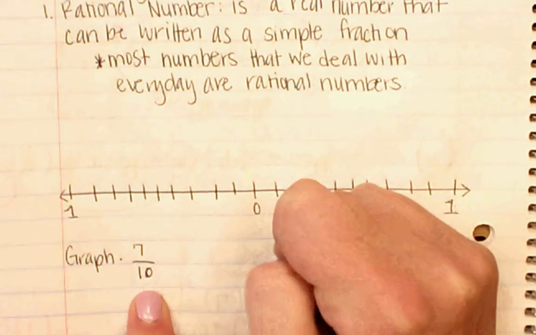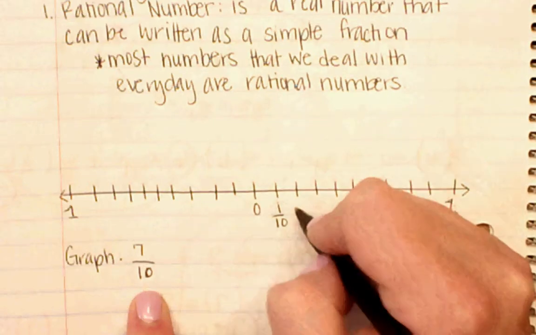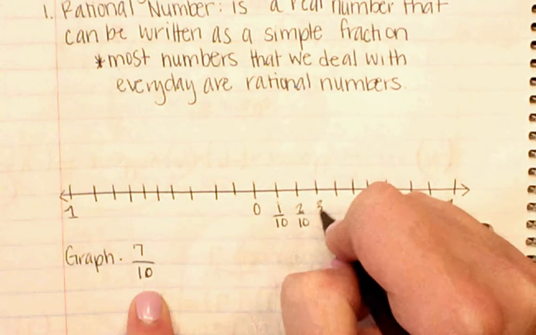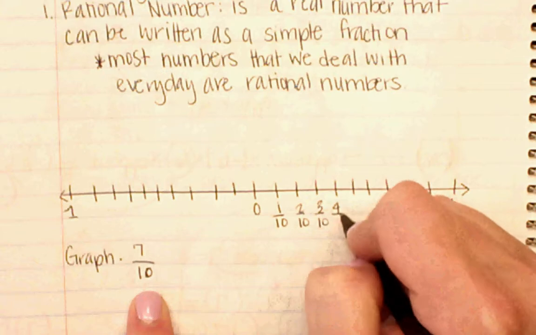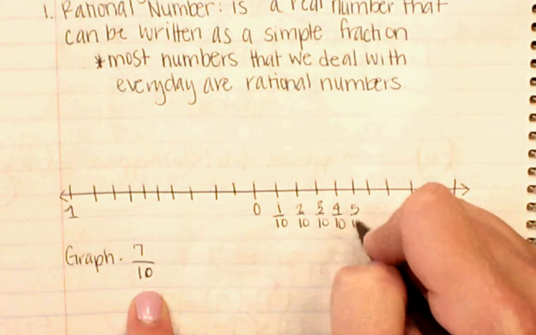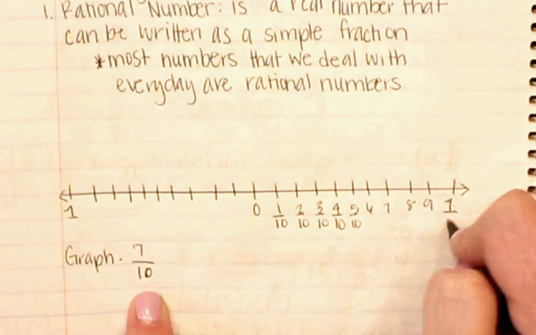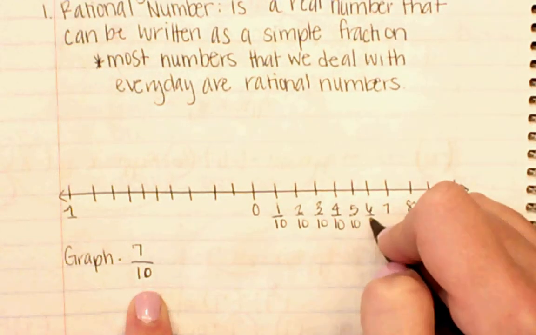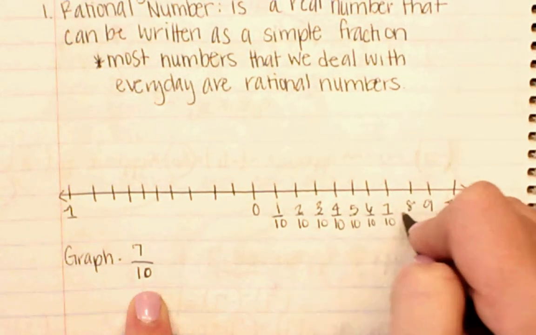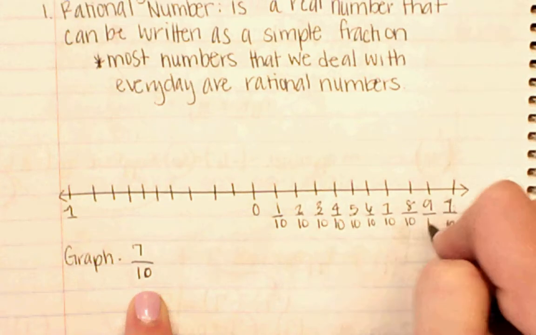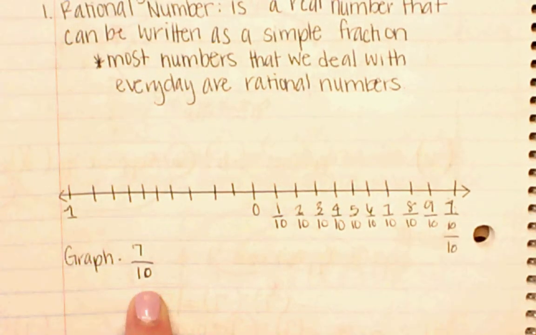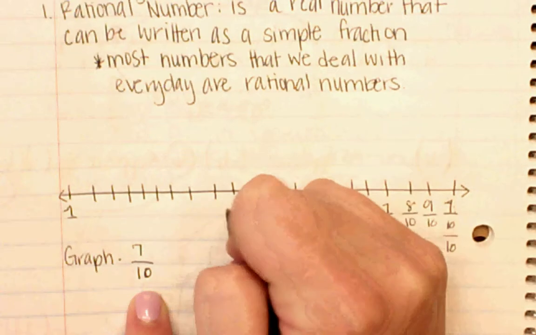This is going to be 1/10, 2/10, 3/10, 4/10, 5/10, 6, 7, 8, 9, and of course 1 would be 10/10. And then you can do the negative side as well.